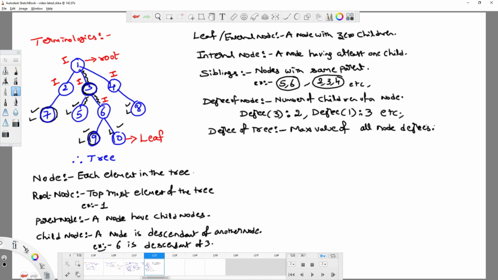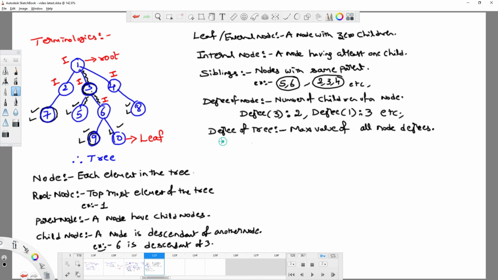So here, to find the degree of tree, you have to find the degree of 1, 2, 3, 4, 7, 5, 6, 8, 9, 10. You have to find all node degrees, and then pick the largest value, which you call the degree of tree.